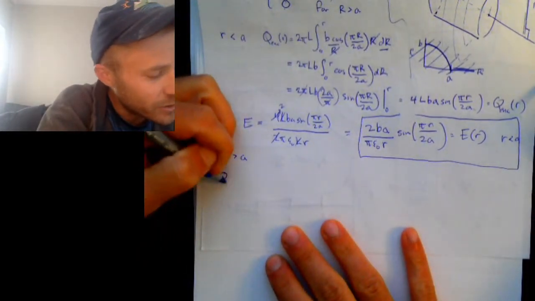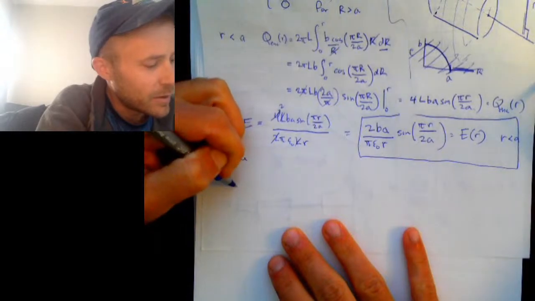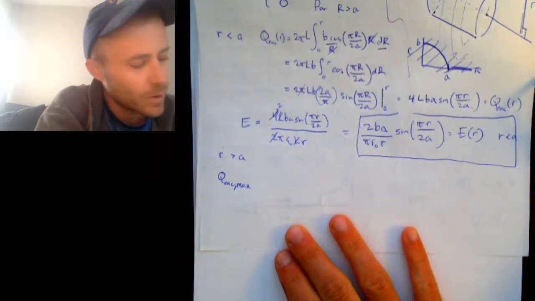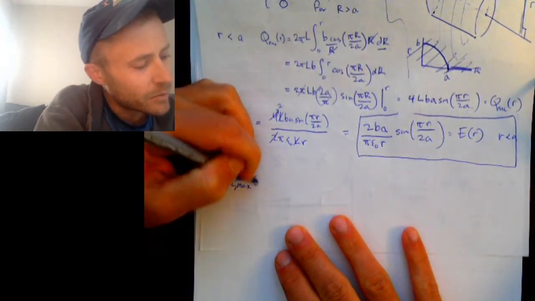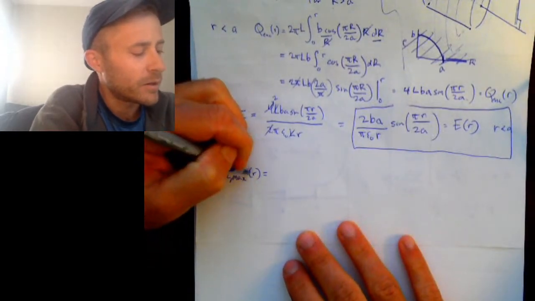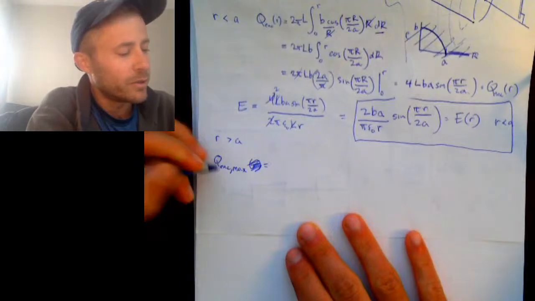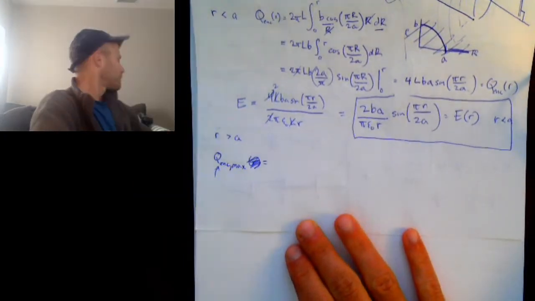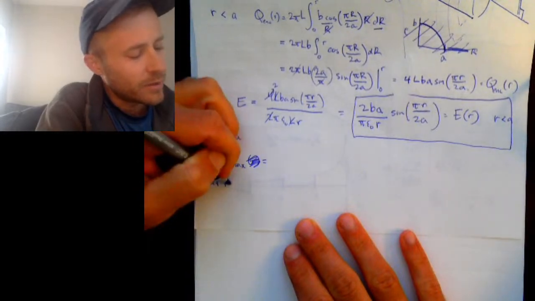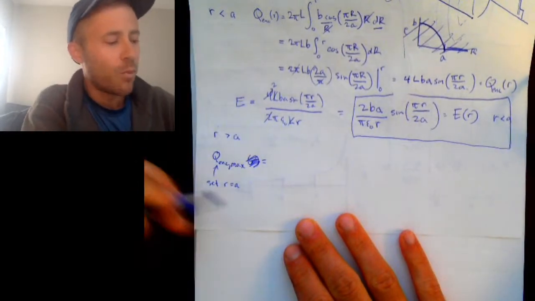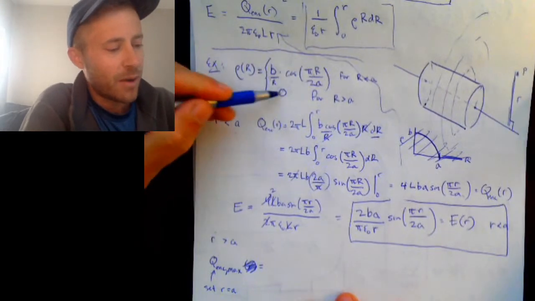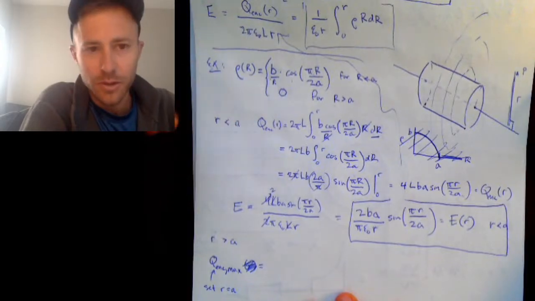So the charge enclosed, its maximum value, or I guess that's not a function of r. What we're going to do is set little r equal to a. Why? Because that is the radius at which the charge density drops to 0.